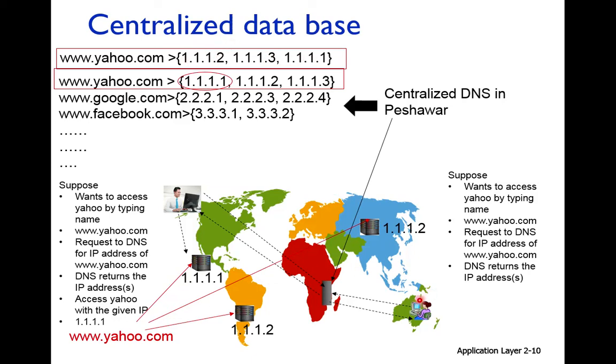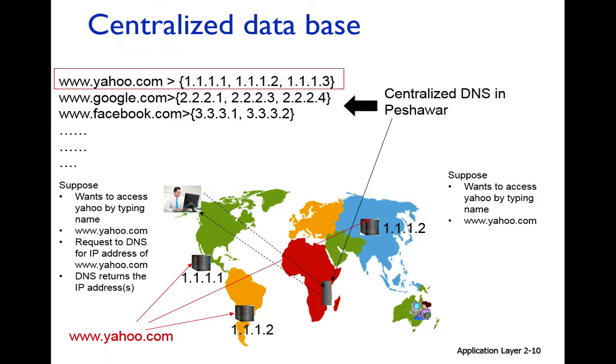Usually the user uses the first IP address to access the server, so she picks 1.1.2 and accesses this Yahoo server. So you can see that this user is accessing Yahoo from this server, and this user is accessing Yahoo from this server. So the load is distributed. In this way, the DNS helps to distribute the load.